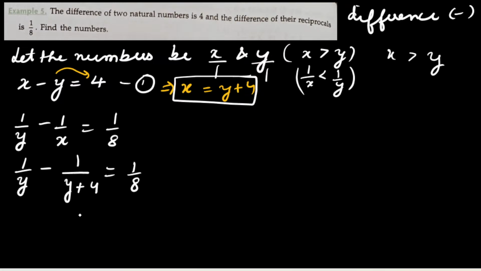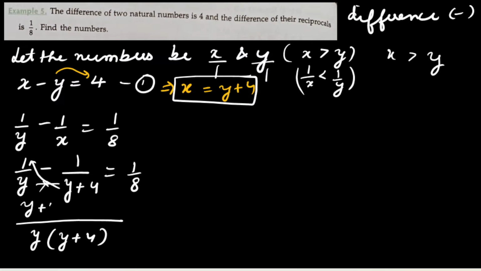Now two fractions are getting subtracted, so again we have to make the denominator the same by taking LCM. Same concept: we multiply denominator with denominator, so y into y plus 4, and in the numerator we do cross multiplication. So 1 into y plus 4 is y plus 4, minus 1 into y is y, equals 1 by 8.